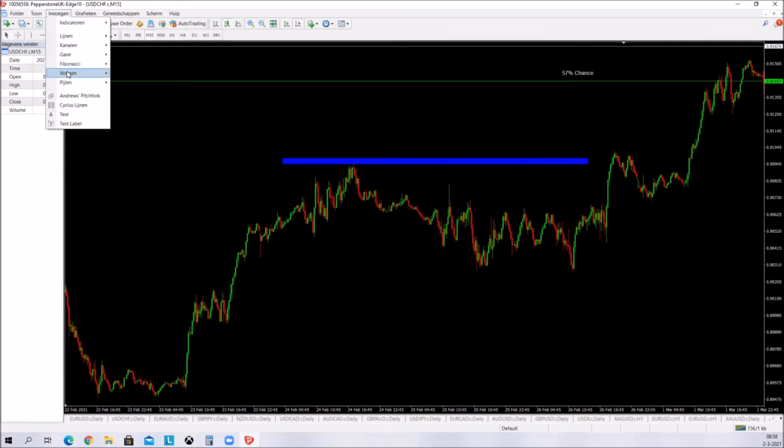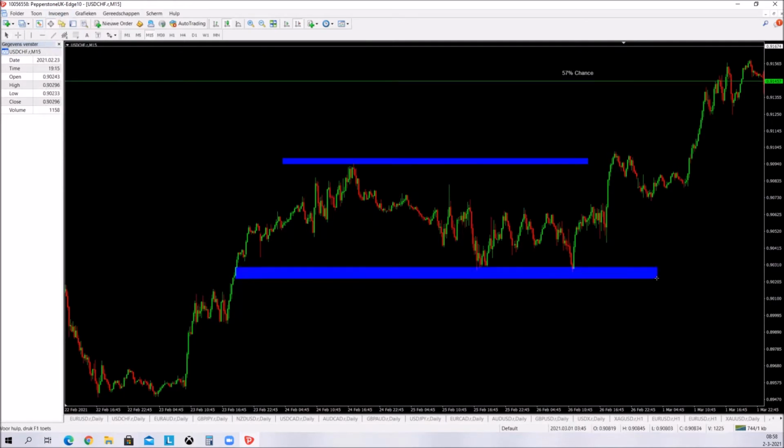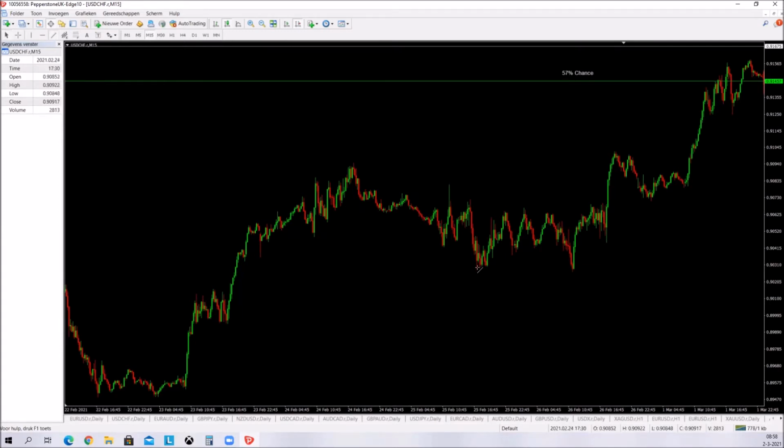So basically, this range is a reaccumulation range. On this particular day the pattern happened, but what was most interesting to me and what was really telling that this was reaccumulation is this.